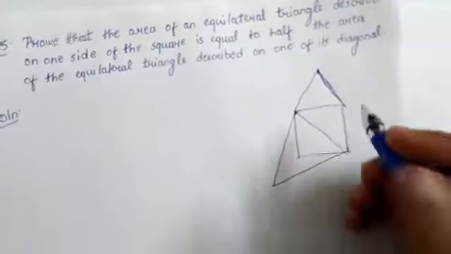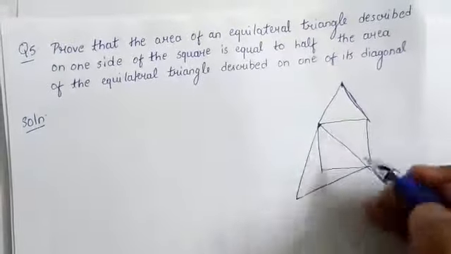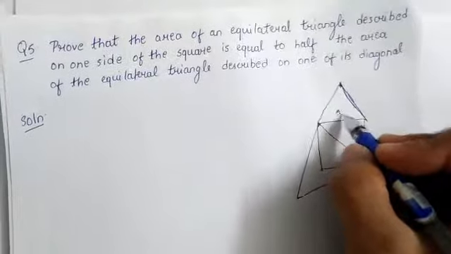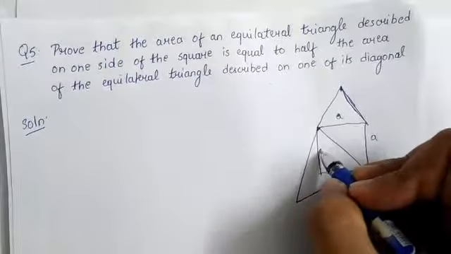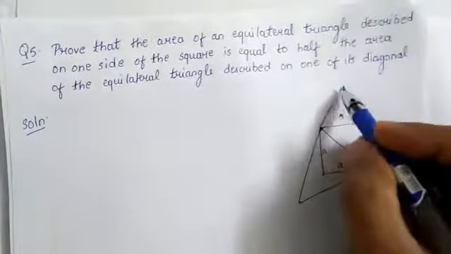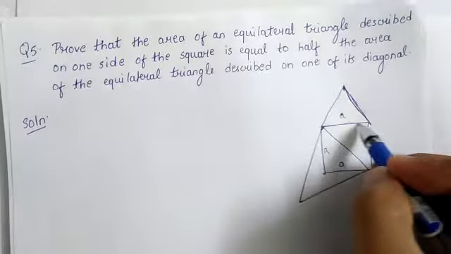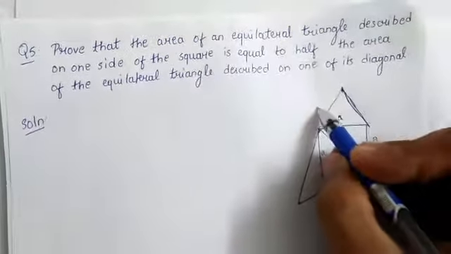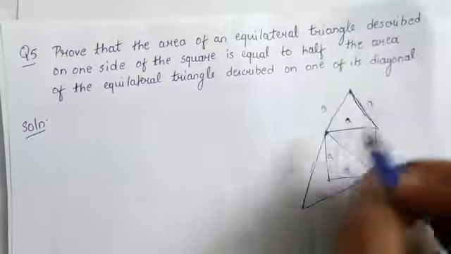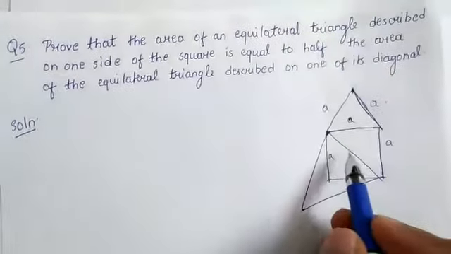An equilateral triangle is one in which all three sides are equal. Let's say the side of the square is A. So these will all be A only, because this is an equilateral triangle and its base is A, so the other sides will also be A. So what will be the diagonal?